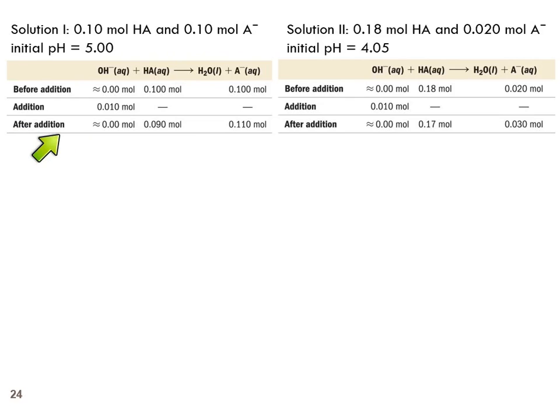So after the addition, what we assume is that this strong base is going to completely react, and the hydroxide will go back to 0. And so this acid concentration is going to decrease by 0.01, or the number of moles, to 0.09. And the conjugate base will increase by 0.01.